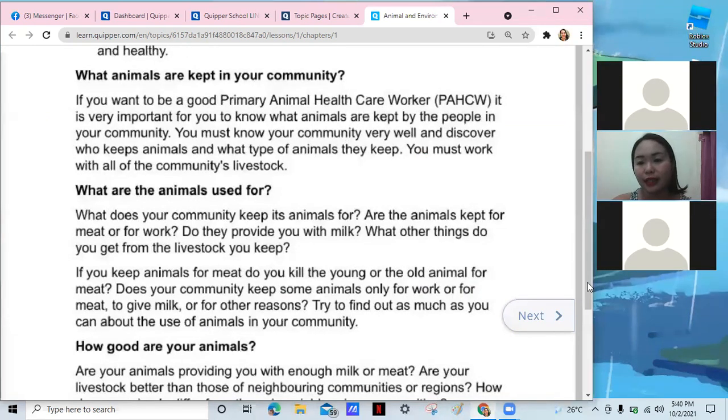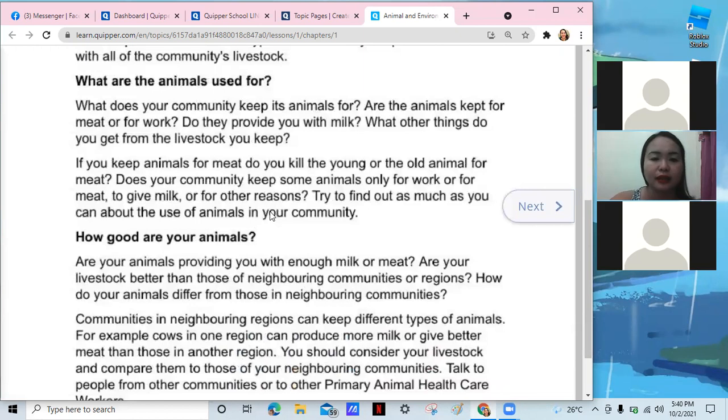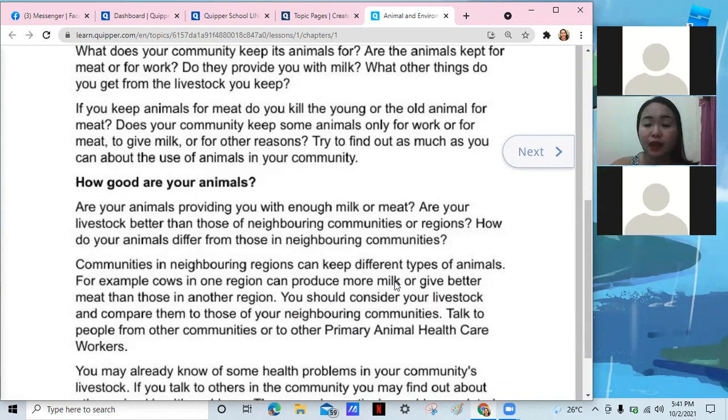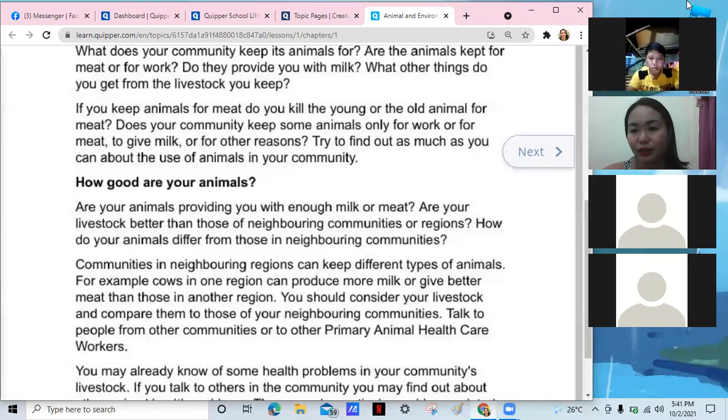Just like Lance, he likes dogs, right? And what animals are used for, of course, we know that since we were young, so I don't think we have to elaborate further. And how good are your animals? Amazingly, there are animals that you can train, especially dogs.